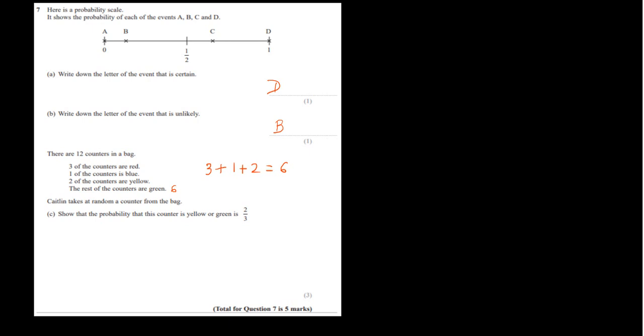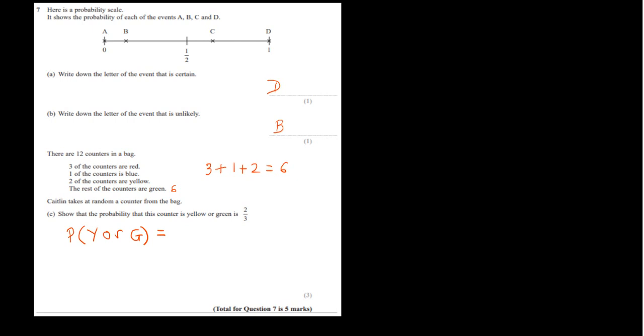Okay. Caitlin takes at random a counter from the bag. Show that the probability that this counter is yellow or green is 2 over 3. So to get the probability to be yellow or green, now these outcomes cannot happen both at the same time. So when you take a counter, it cannot be yellow as well as green at the same time.